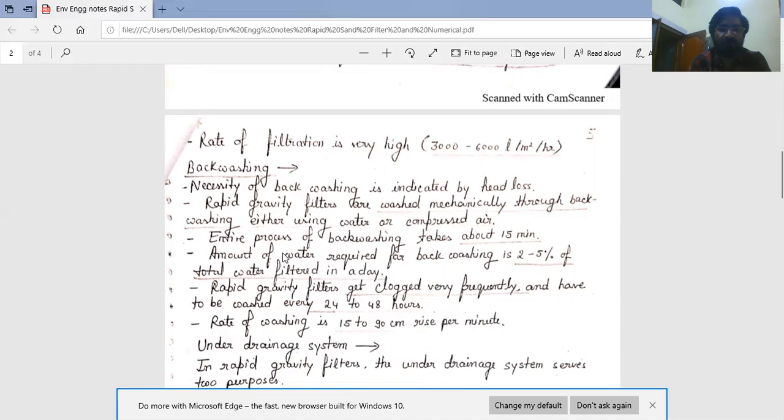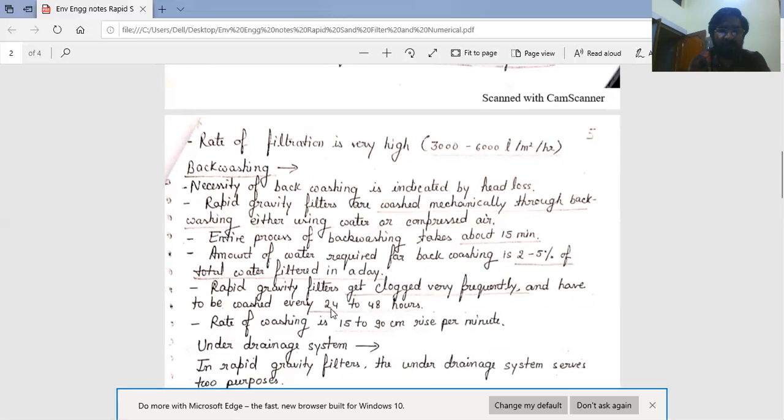Entire process of backwashing takes about 15 minutes, a very short period. Amount of water required for backwashing is 2 to 5% of total water filtered in a day.